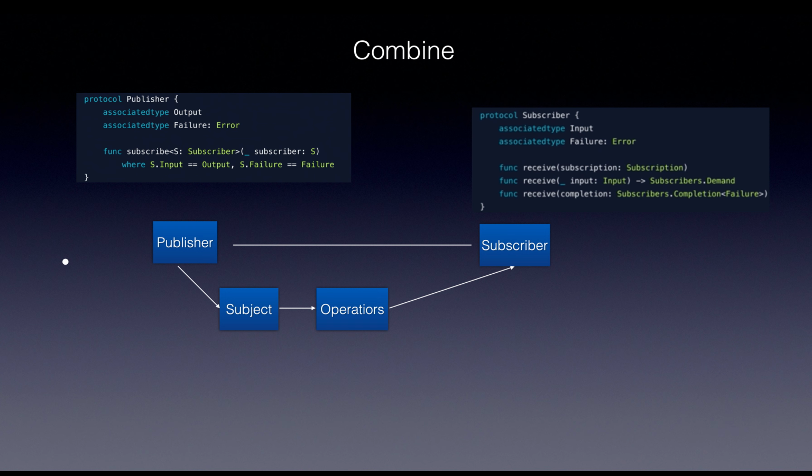The subscriber has three key methods: receive subscription, receive values emitted by the publisher, and receive completion.